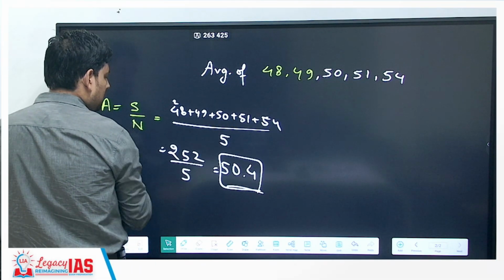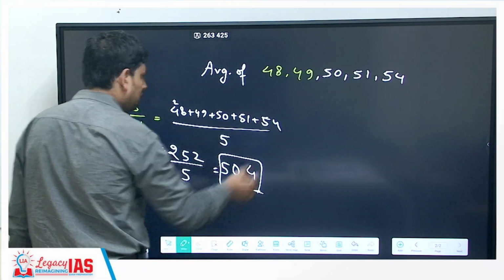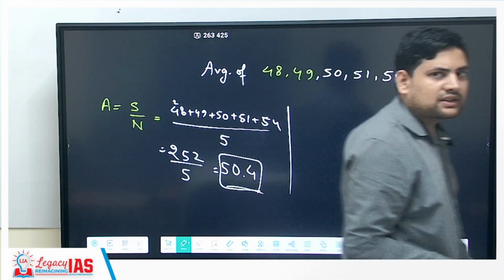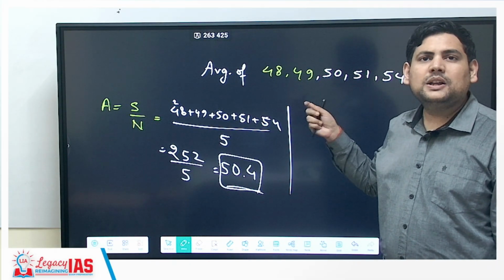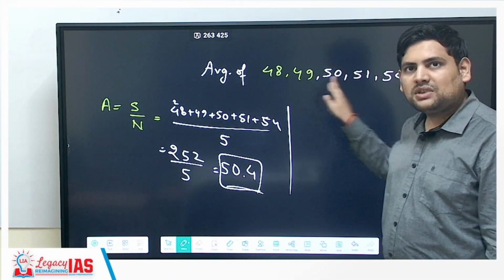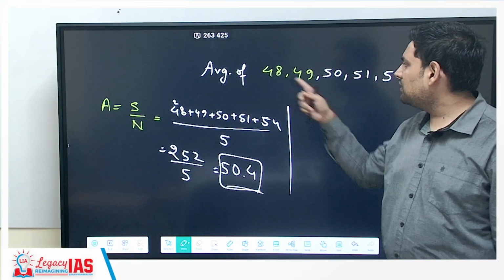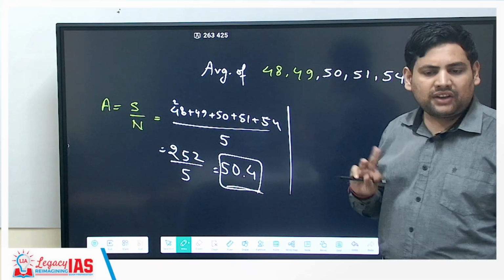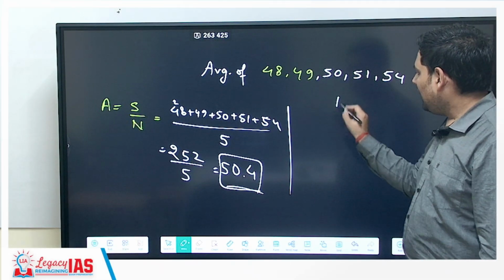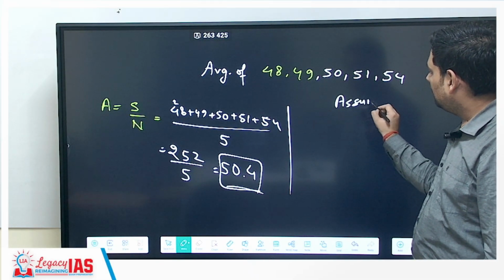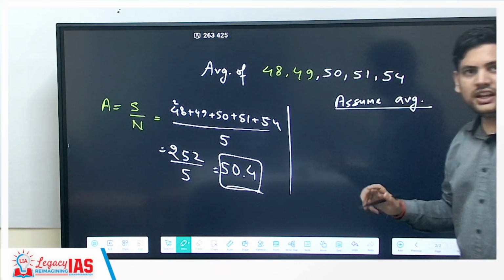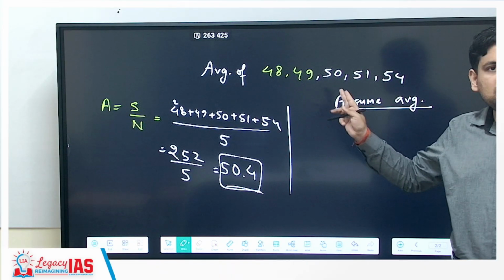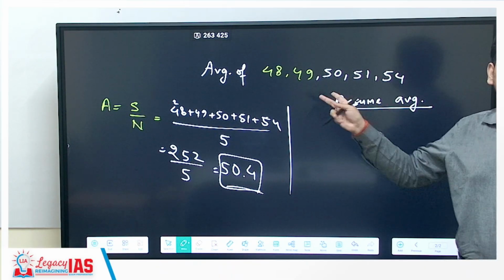Now you can do it in one more way. If there is a data set like this which follows a pattern, or involves numbers which are very close to each other, for example 48, 49, 50, all of them very close to each other, you can assume any number to be the average and then write all other numbers in terms of sum or difference of that number.